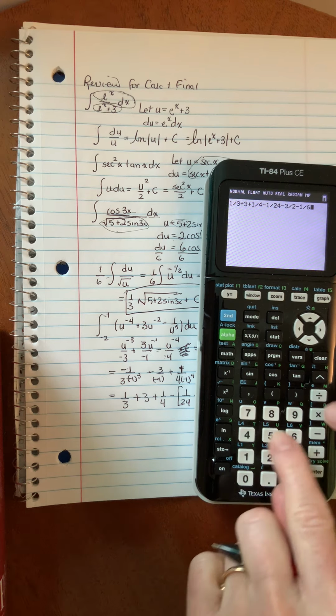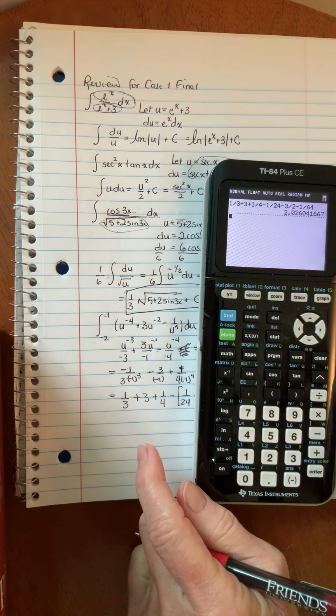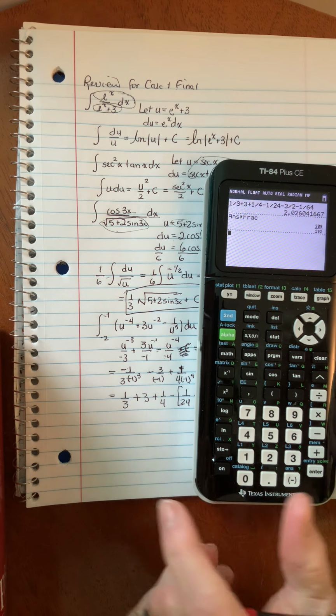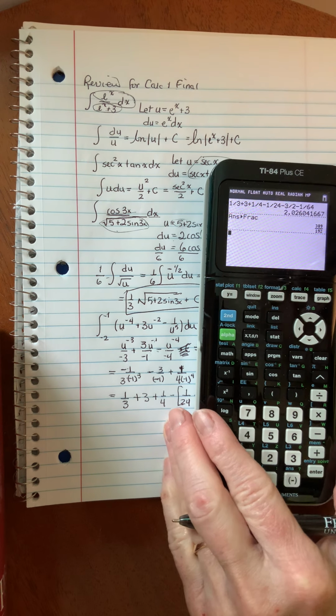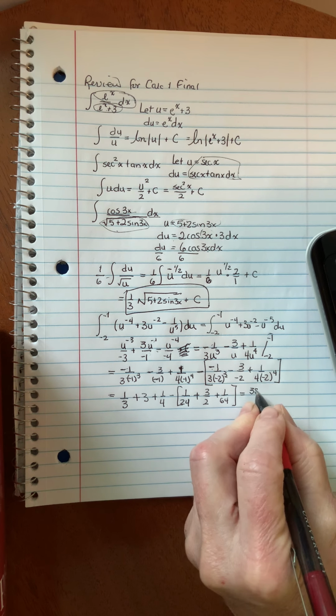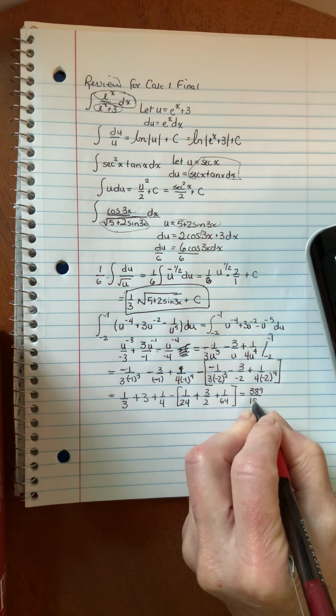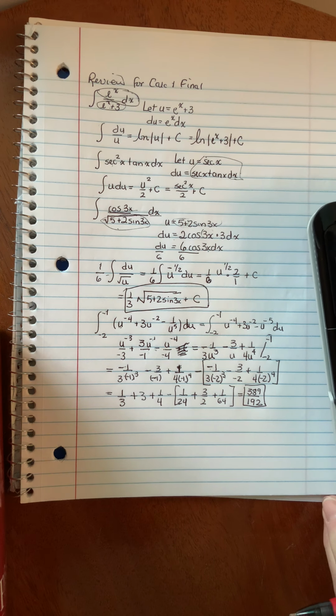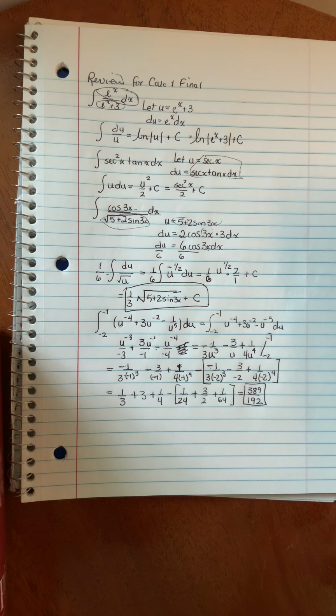Hit enter. Hit math, enter, enter, and that gives us 389/192. So there's a really nice looking answer. So that's where we are at that point.